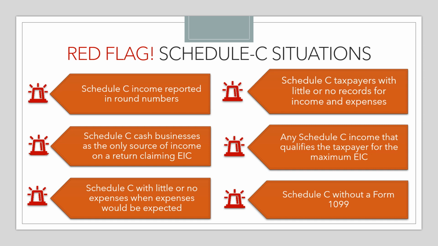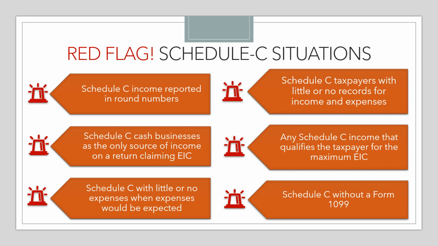Also, a Schedule C with little or no expenses when you would expect to see expenses. Here again, this might be a situation where somebody was trying to hit a certain mark for earned income, that sweet spot between enough earned income but not too much. If they're manipulating their expenses and their income to try to get that maximum number, that can be a problem.